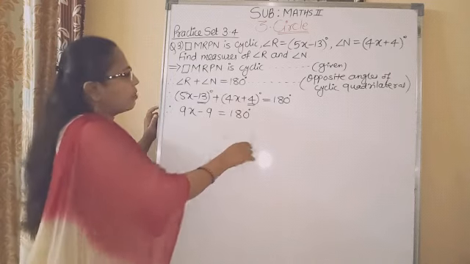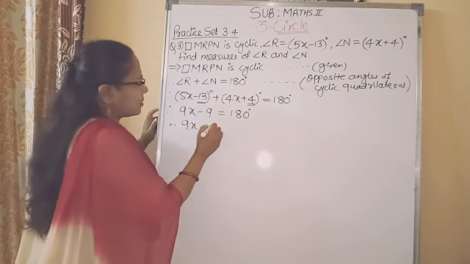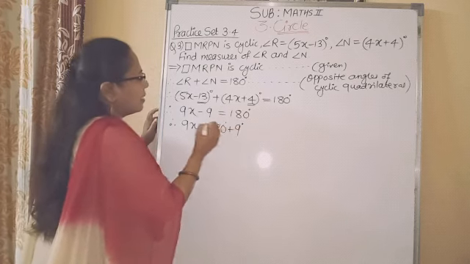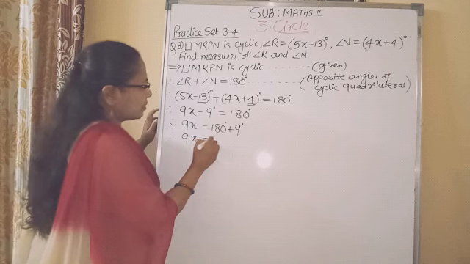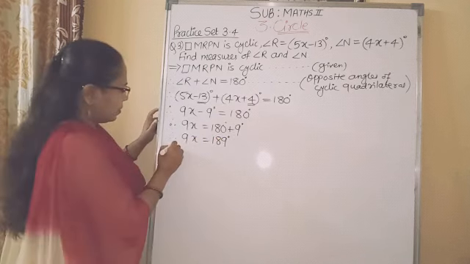Now take this 9 on the right hand side. 9x is equal to 180 degree plus 9 degree. Therefore, 9x is equal to 189 degree.